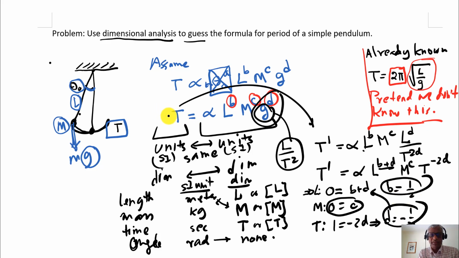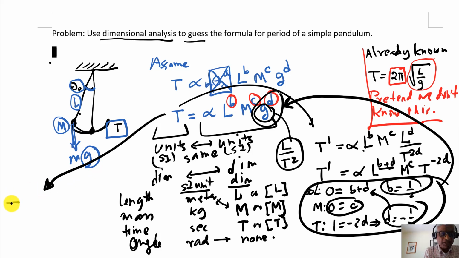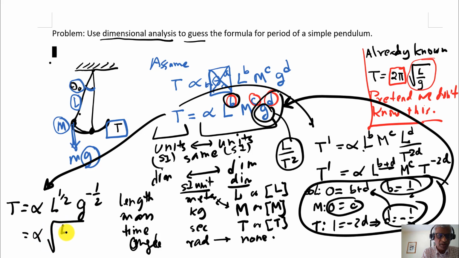So now we go back. We use these answers, and we go back to our expression, and so our prediction is T equals some constant times L to the power half, and then g to the power minus half, which you can write as alpha square root of L over g.